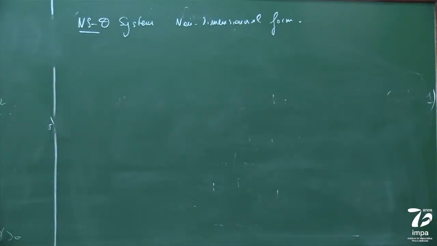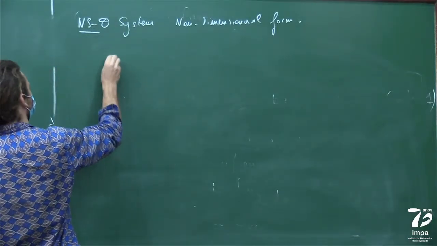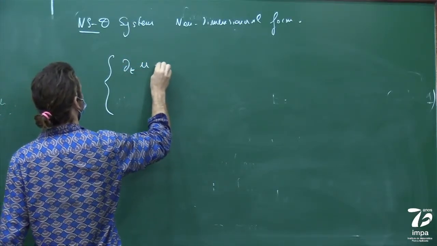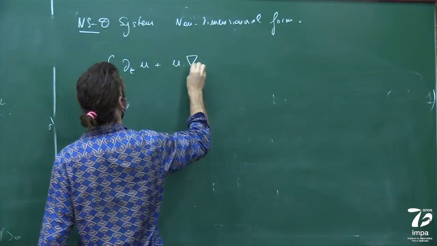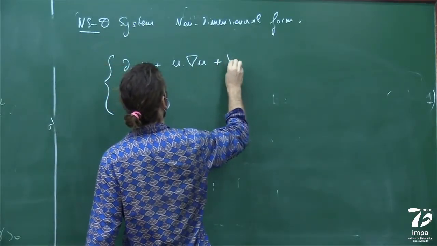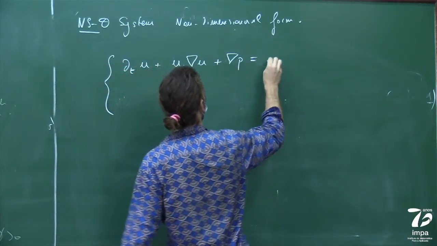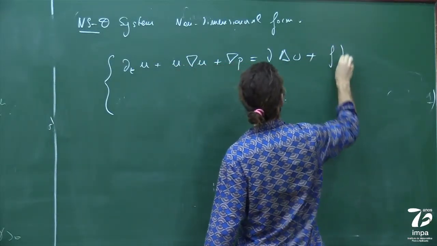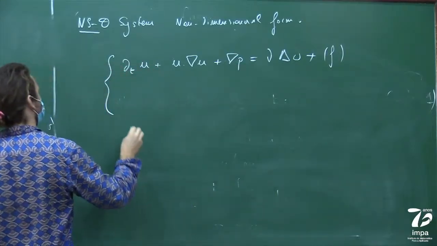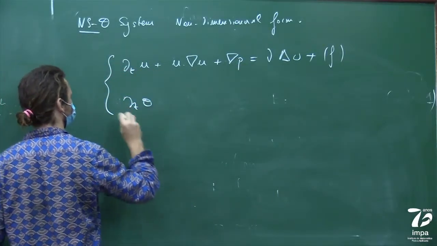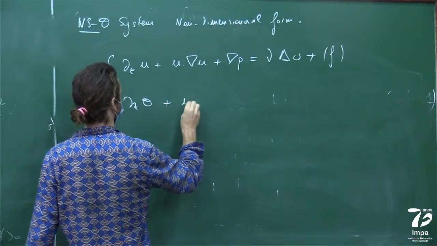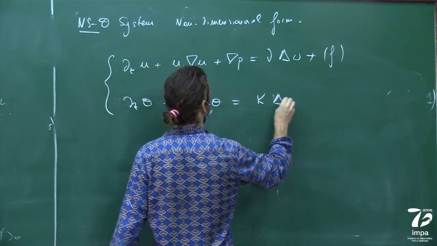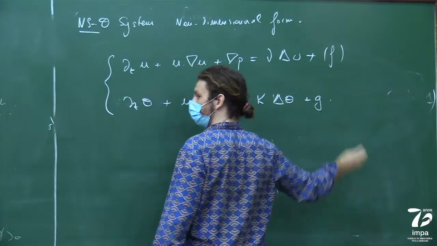We take again the NS theta, which is dt u plus u grad u plus gradient p equal nu Laplacian of u plus forcing, and dt theta plus u dot grad theta equal kappa Laplacian theta plus g.